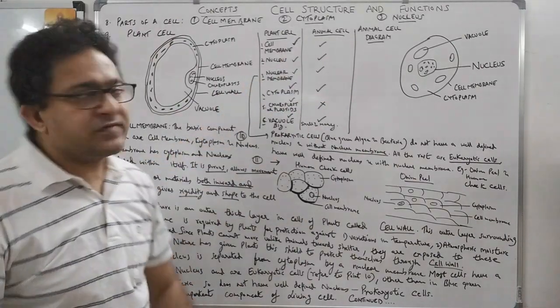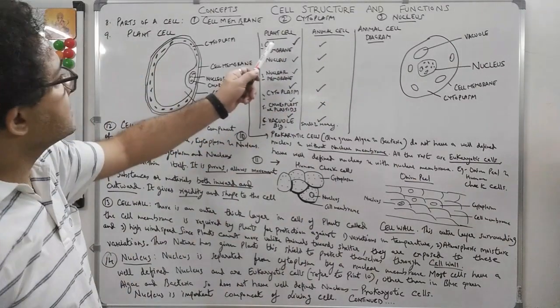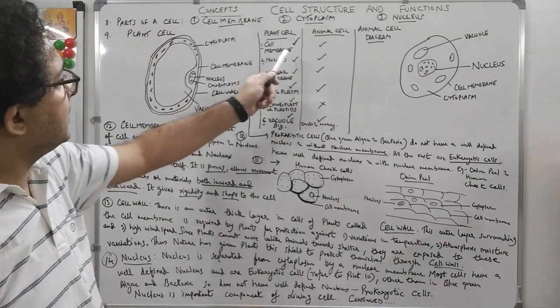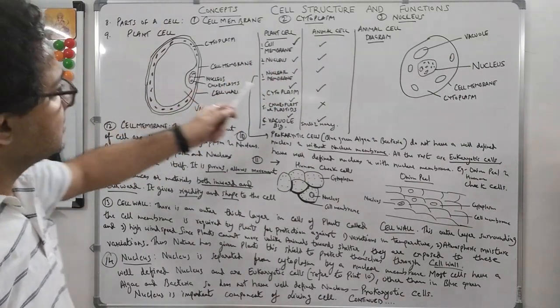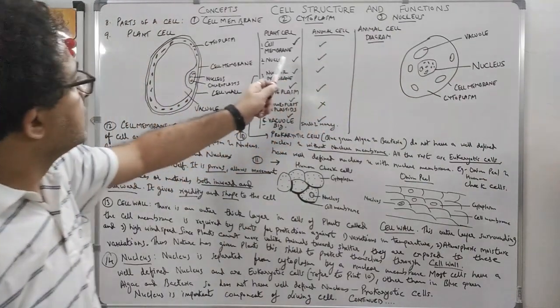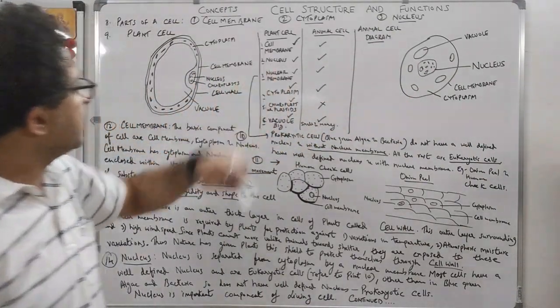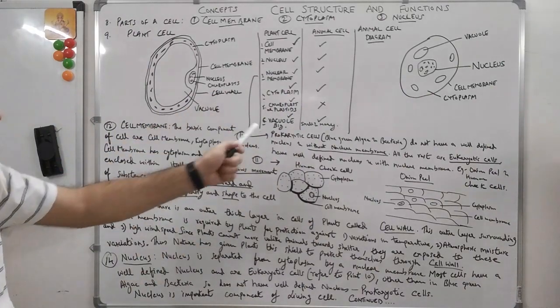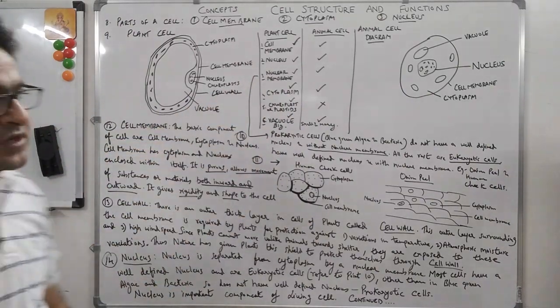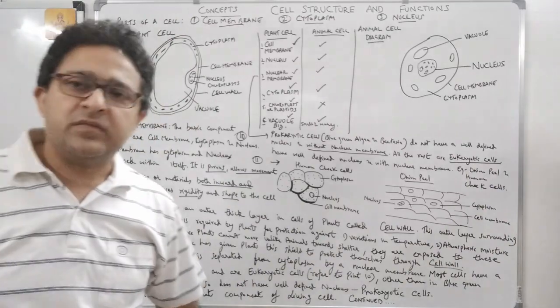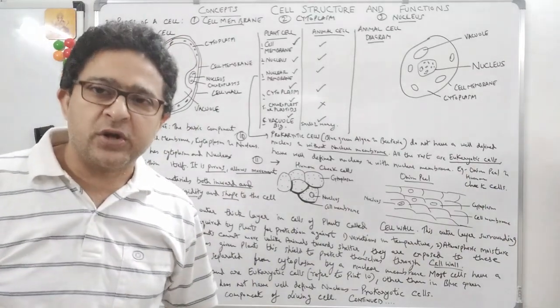Now let's look at the difference between animal cell and plant cell. Cell membrane is present in plant cell, yes. Animal cell, yes. Nucleus, yes, it is present in both. Nuclear membrane, this is something I'll tell you about. There are two kinds of cells, prokaryotic and eukaryotic.